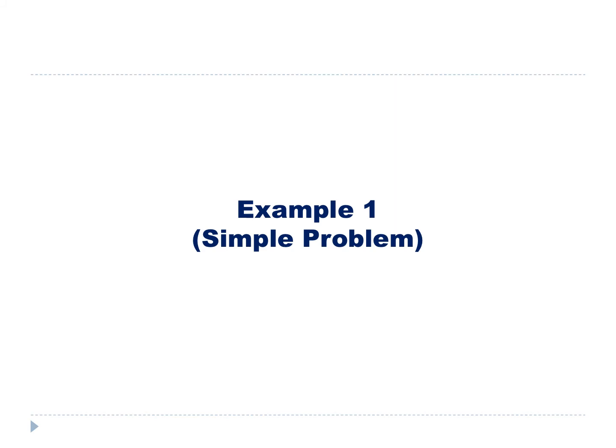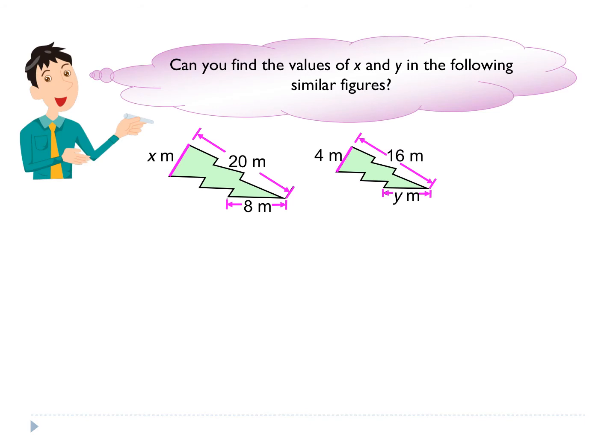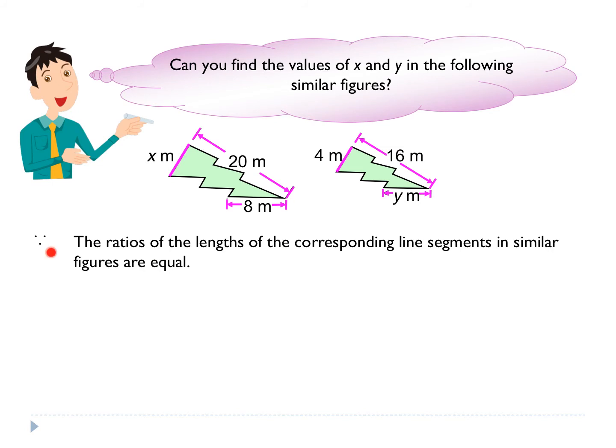Let's look at one example where we solve a problem. Look at these two figures. We know that they are similar figures. So can you find the value of x and y? Because the ratios of the lengths of the corresponding line segments in similar figures are equal, we can say that x to 4 equals 20 to 16.